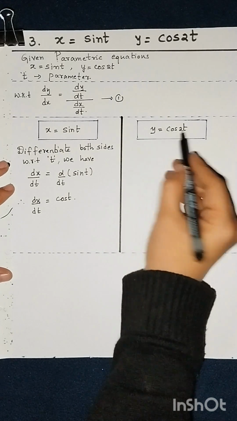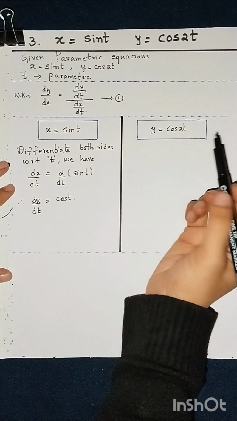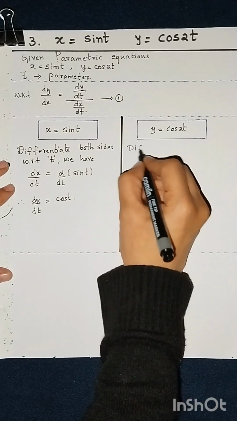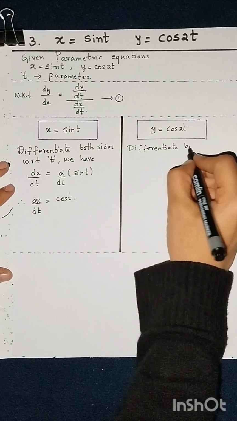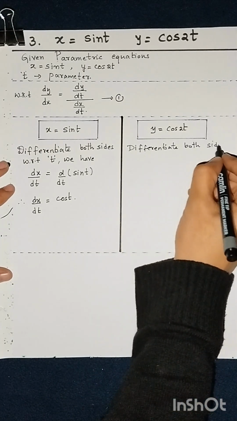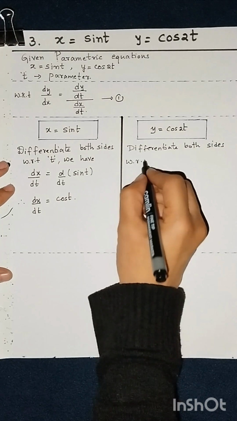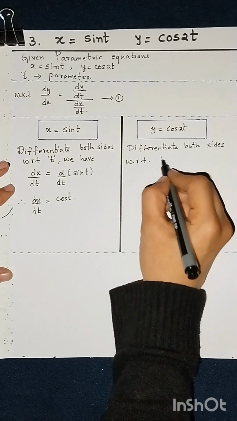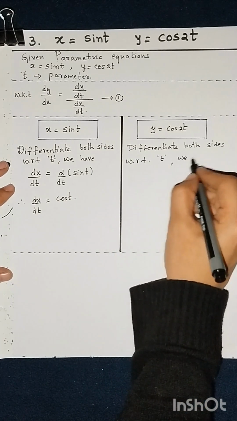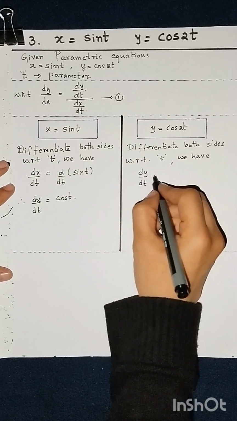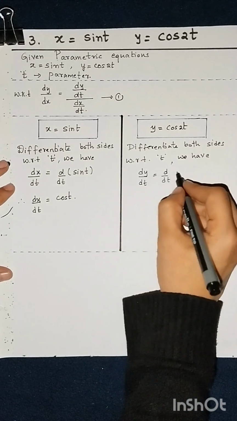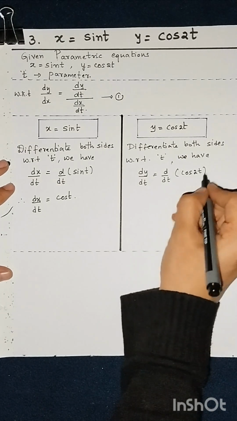Now here y is equal to cos 2t. We want dy by dt, so we will differentiate both sides with respect to the independent variable t. We have dy by dt is equal to d by dt of cos 2t.